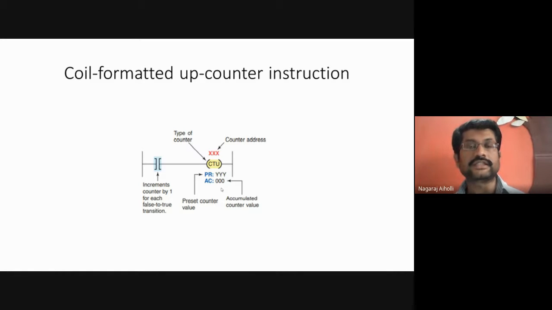It goes on changing or accumulating as the counter is counting. This is called the accumulator, AC, which is the present value or current value, and preset value is the set point value. Once the accumulated value becomes equal to preset value, the counter has to stop. It has to stop the counting operation, right? Let us see the details about that.